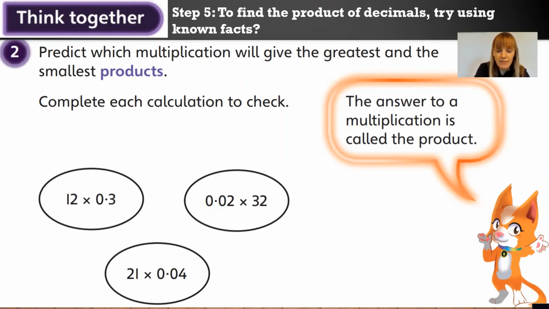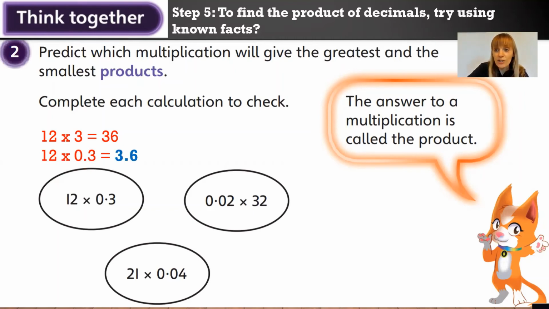Now, you've got to be careful because some of the decimals are tenths and some are hundredths, so be careful not to be tricked by this. So my first one I'm going to look at is 12 times 0.3. Now, my known fact I'm going to use is 12 times 3 being 36. Now, because I'm multiplying by 0.3, it's got to get 10 times smaller. So 12 times 0.3 is going to be 3.6.